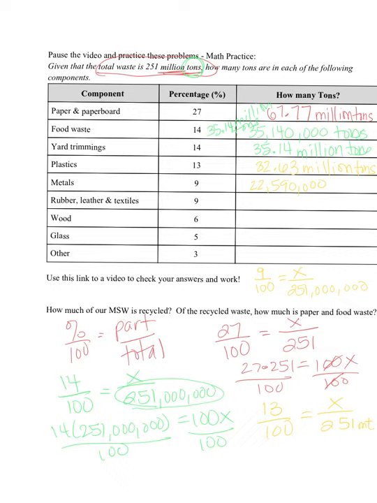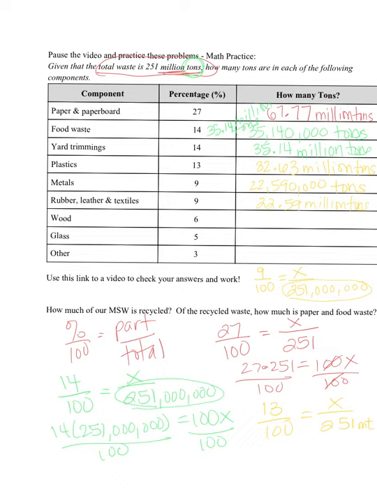So that's writing the number out. And again, now I'm just going to say tons. Or I can do it this way where I could say 22.59 million tons. And again, rubber and plastics was the same as metals, the percent, so that's why the number is the same.